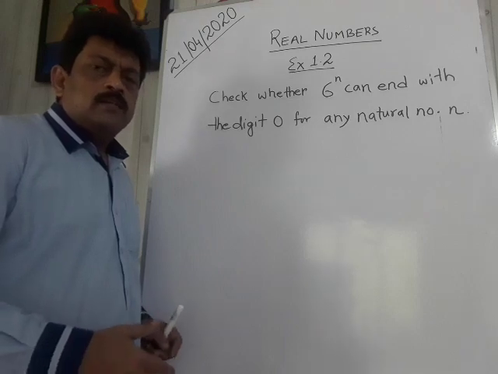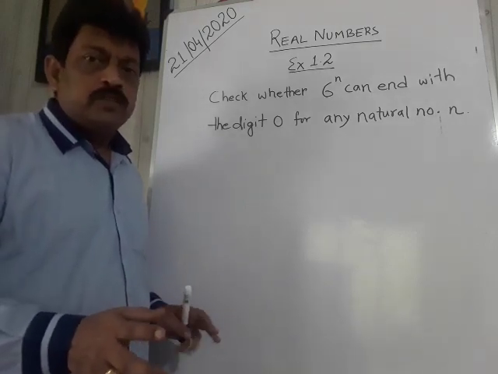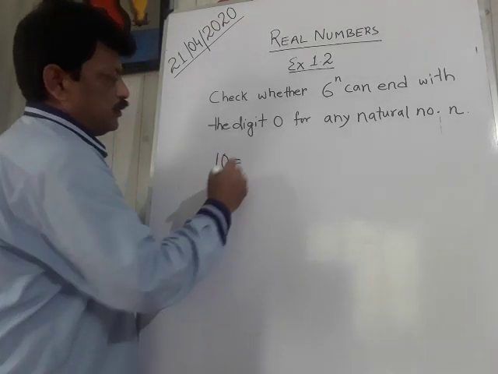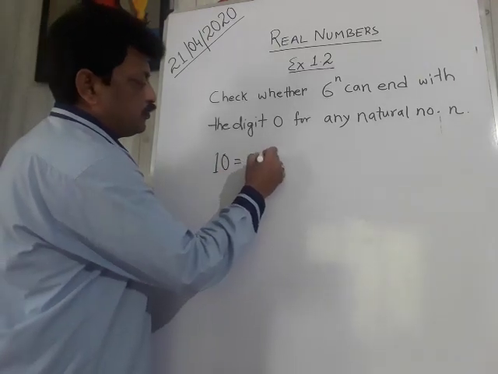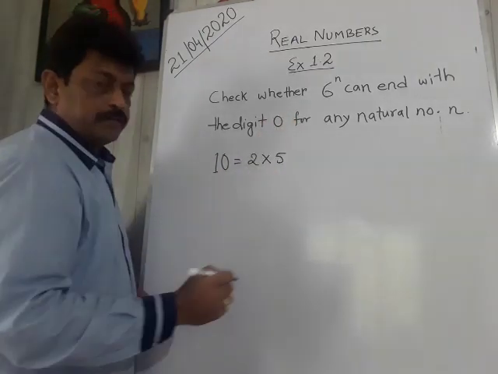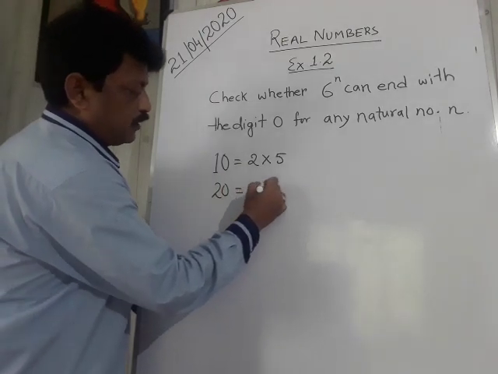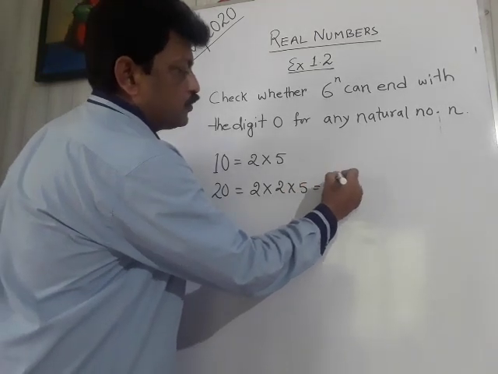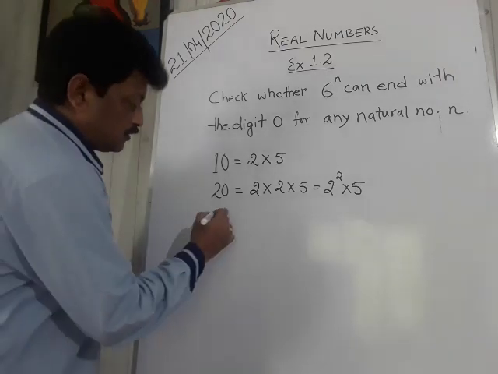Look at some examples of numbers which end with the digit 0, like 10. The prime factors of 10 are 2 and 5. For 20, the prime factors are 2 into 2 into 5, that is 2 squared into 5. Let me take another number, 30.